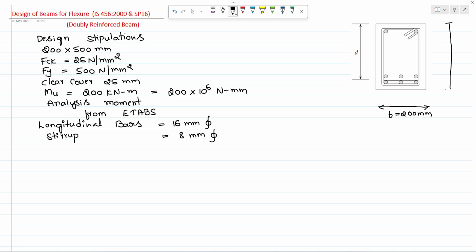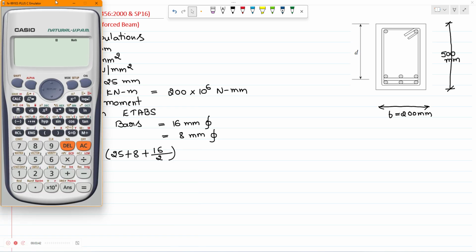Total depth is 500 millimeter, whereas effective depth d equals overall depth 500 minus clear cover 25 plus 8 mm dia stirrup plus diameter of longitudinal bars 16 divided by 2, which is 8. So 500 minus 25 plus 8 plus 8 gives 459.